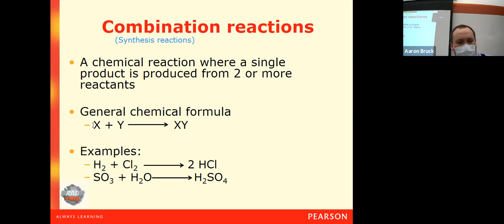So for example, hydrogen gas, an element, reacting with chlorine gas, another element, will give me hydrochloric acid, HCl. And in reality, if I just have the gases, if I don't have water vapor present at all, what it will give me is hydrogen chloride gas, which in itself is not acidic, though it is nasty.